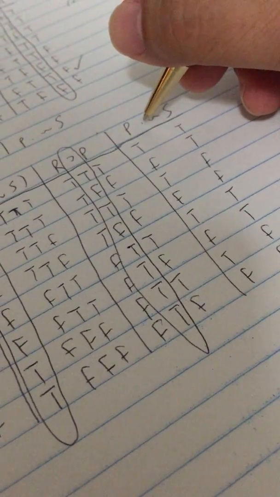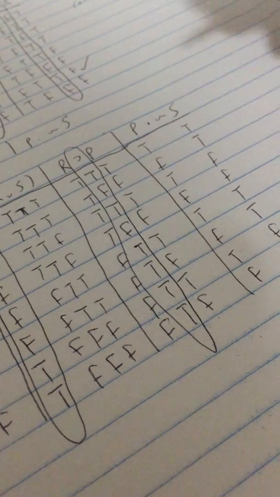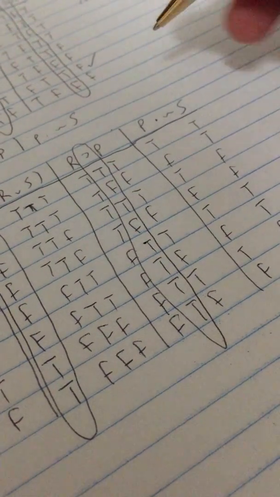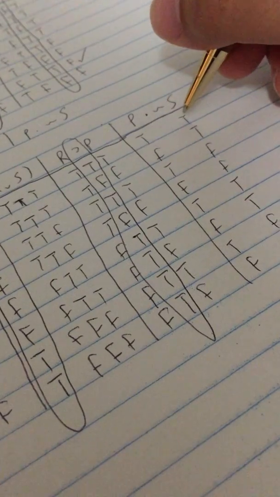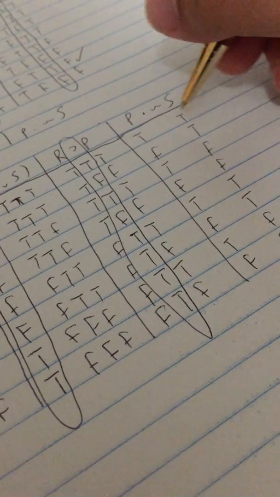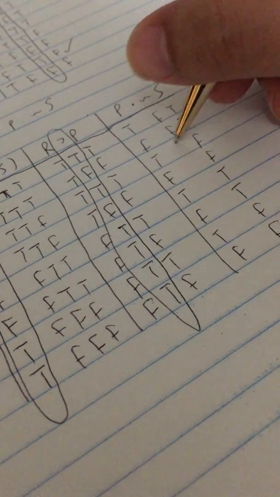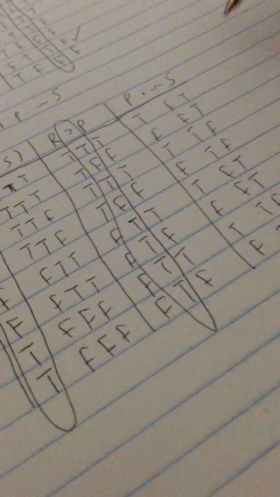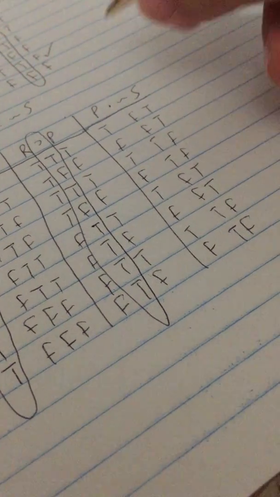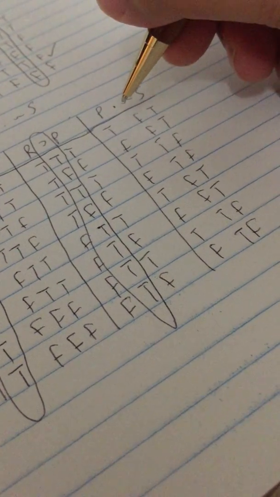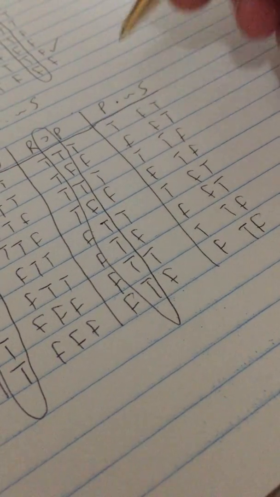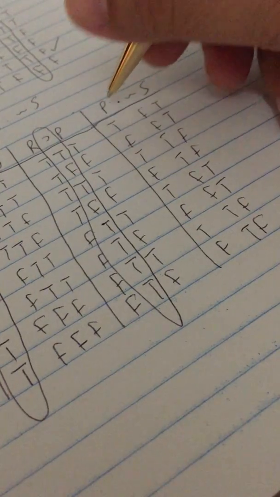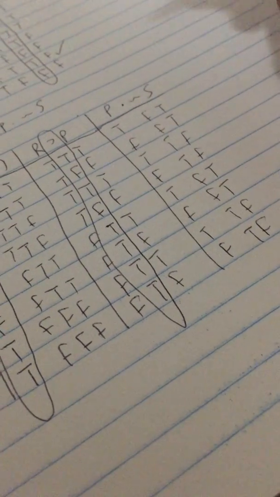Okay, choice between the dot and the tilde. Always start with the tilde in that case. So I'm going to start here. It's just going to be the opposite of what I see under the S. So it'll be false, false, true, true, false, false, true, true. Okay, now I need to do the conjunction. It'll only come out true if both conjuncts are true. And again, I'm looking at the P and looking at the tilde.